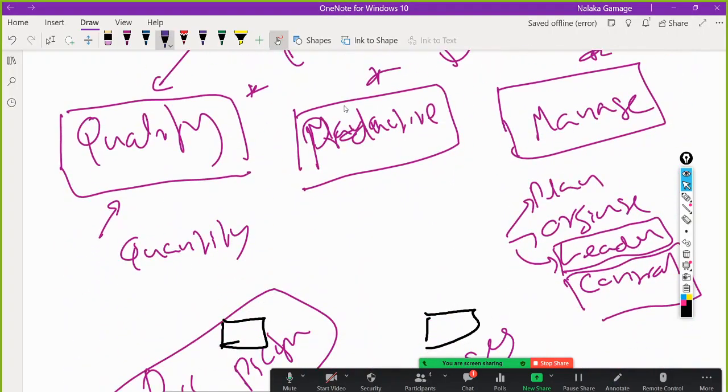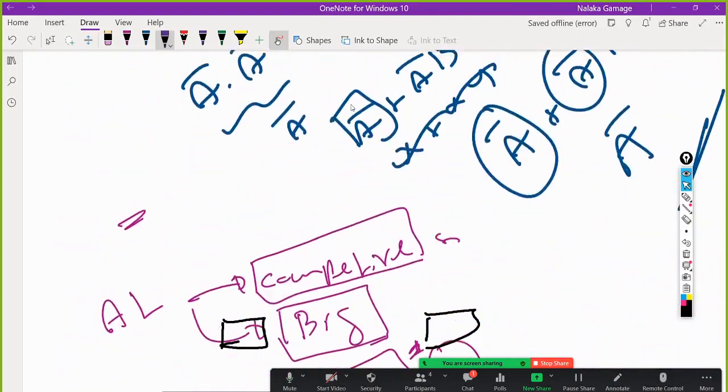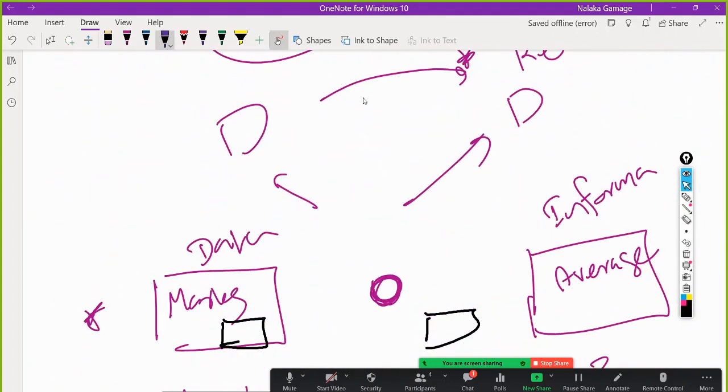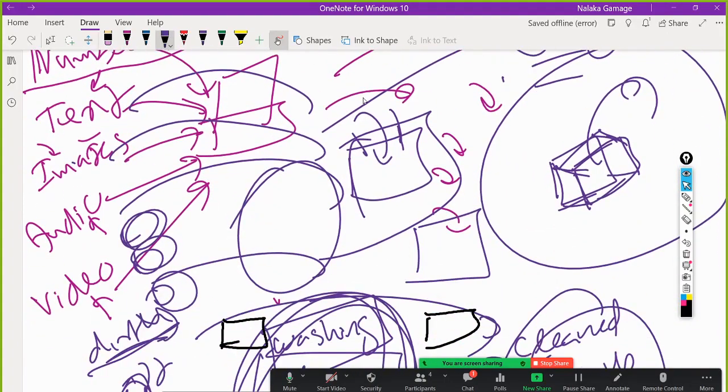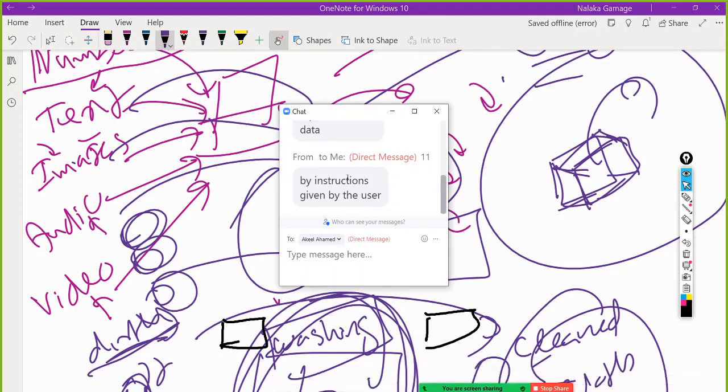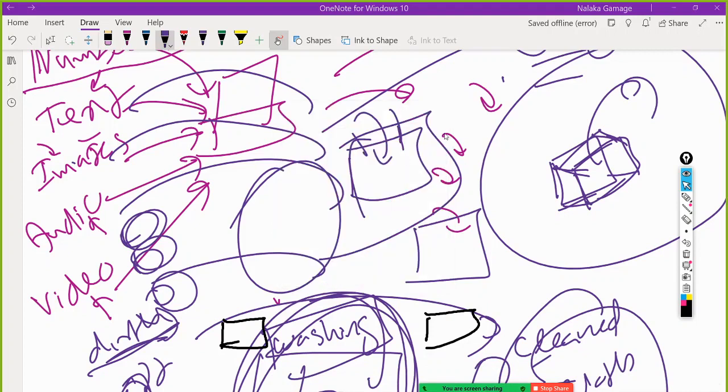That is my question. Because that is the objective of the Introduction to Computer subject. How does it work? Internally, what happens to these things?